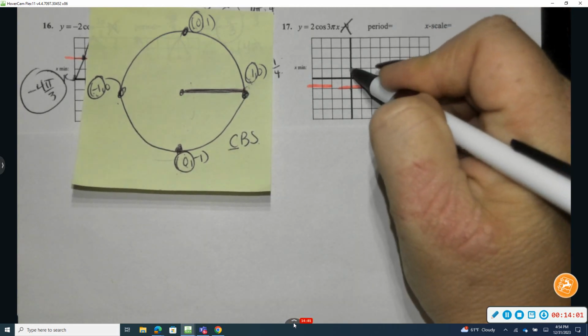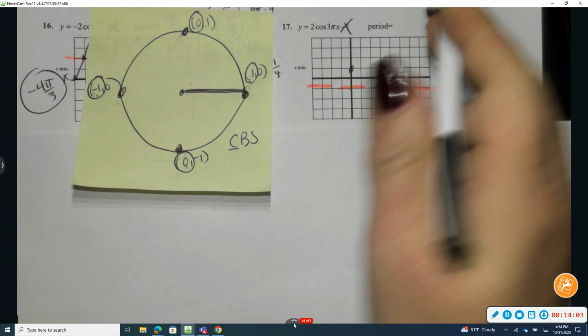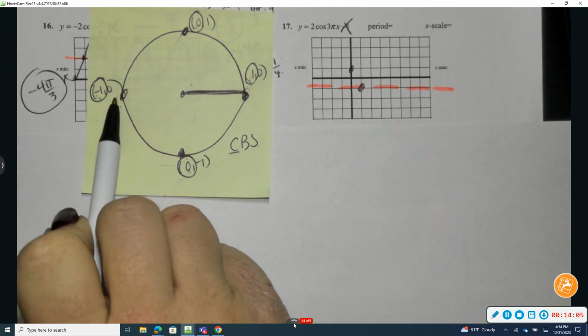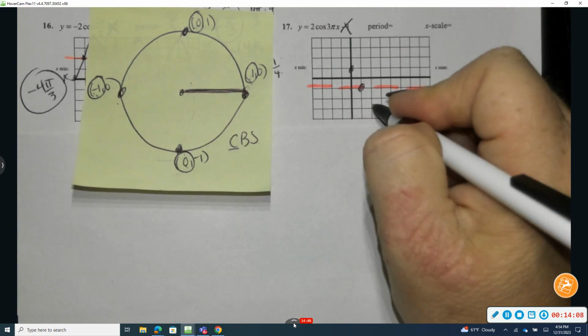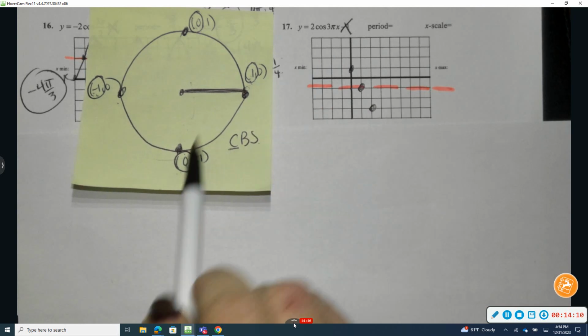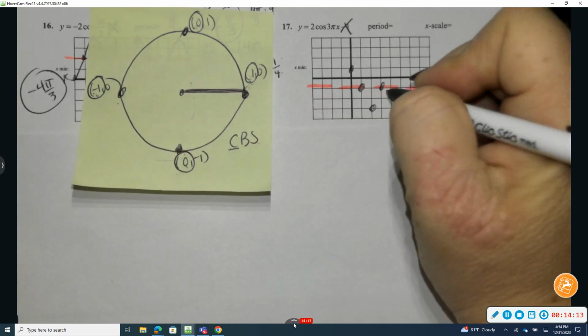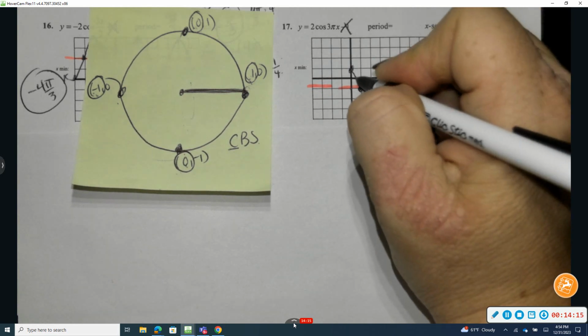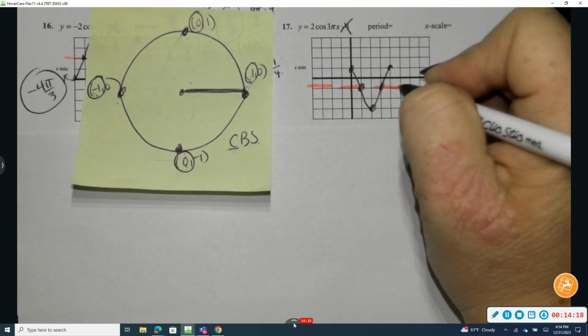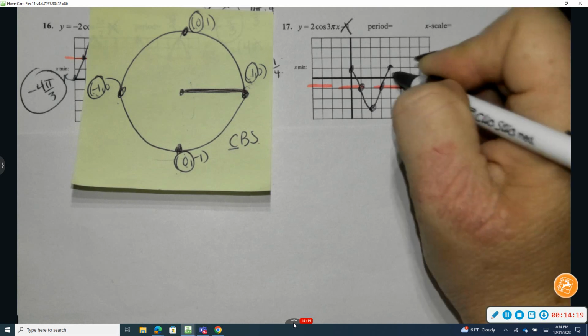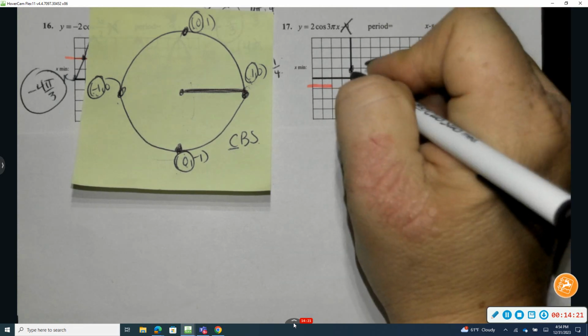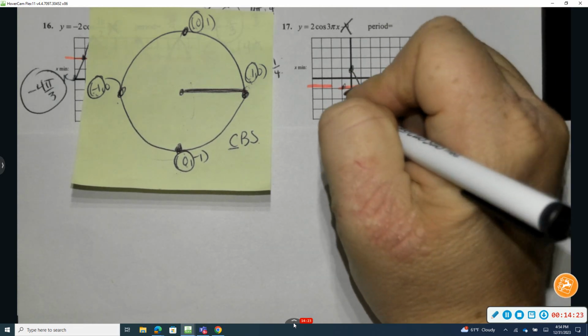From here, I go up 2. 0 times 2 is 0. Step 2, -1 times 2, down 2. And 2 times 0 is 0. And 2 times 1 is 2. This is one cycle, and now I'll continue that cycle. So I have 2 cycles to the right and 1 cycle to the left.